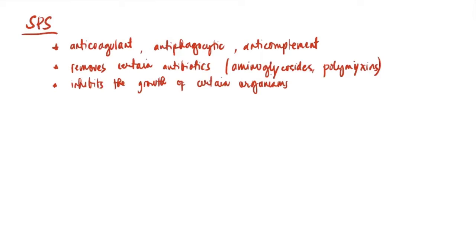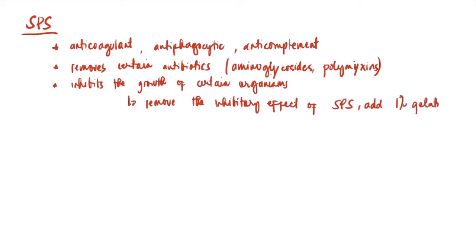Now, always remember that in order to remove the inhibitory effect of SPS, we are going to add 1% gelatin. So take note, 1% gelatin is added in order to remove the inhibitory effect of SPS on the growth of certain organisms.